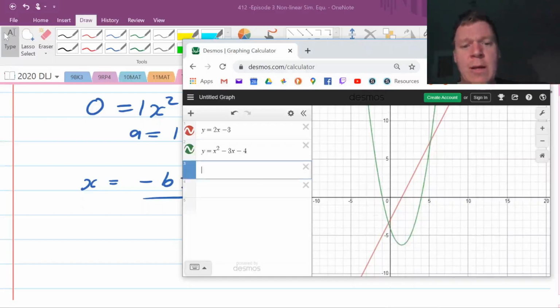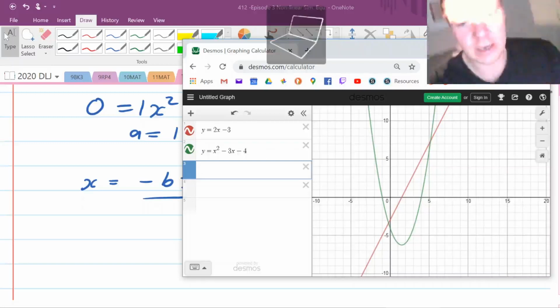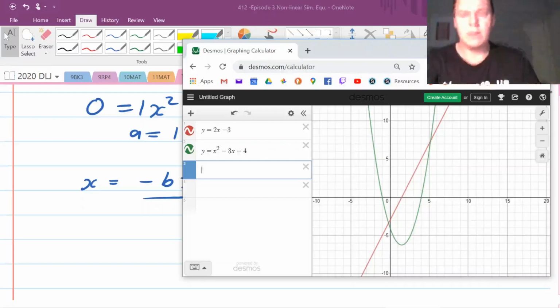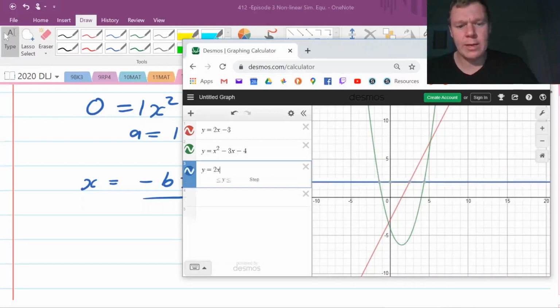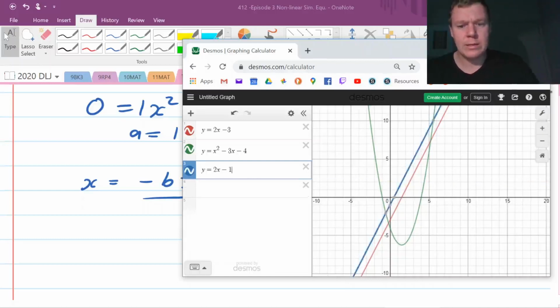But some lines do not actually intersect with the parabola. An example of that might be y equals 2x minus 13.